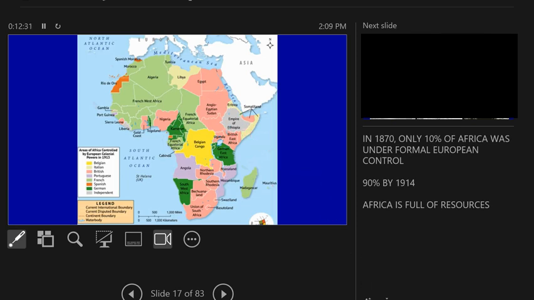But if you look at this map right here, and it's all color-coded, it lines up with these European governments right here. Belgium controls the Belgian Congo, or Italy is in charge of over here for Somalia, and so on.